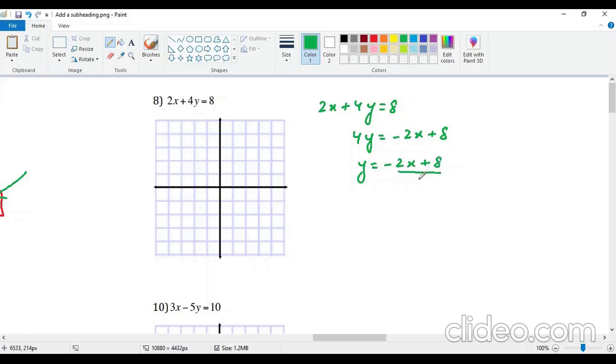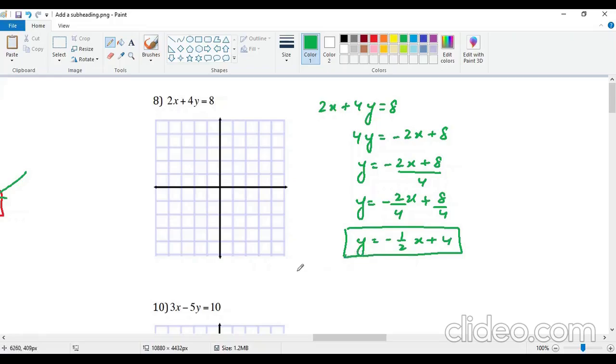Always remember that this 4 is for both the terms. So this is going to be negative 1 over 2x plus 4. This is going to be your standard linear equation.